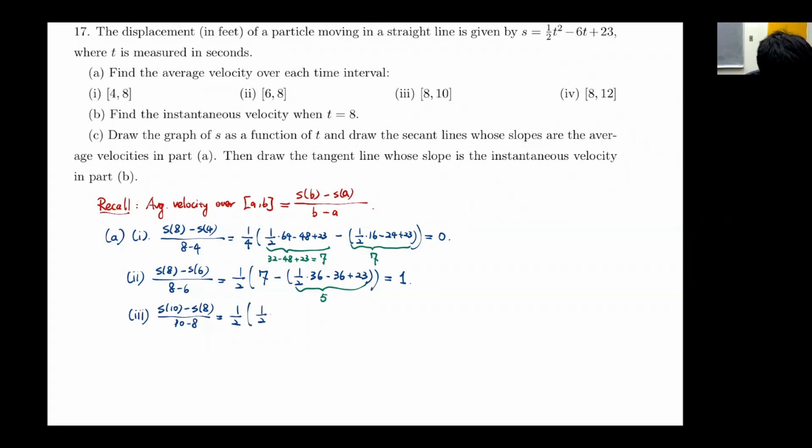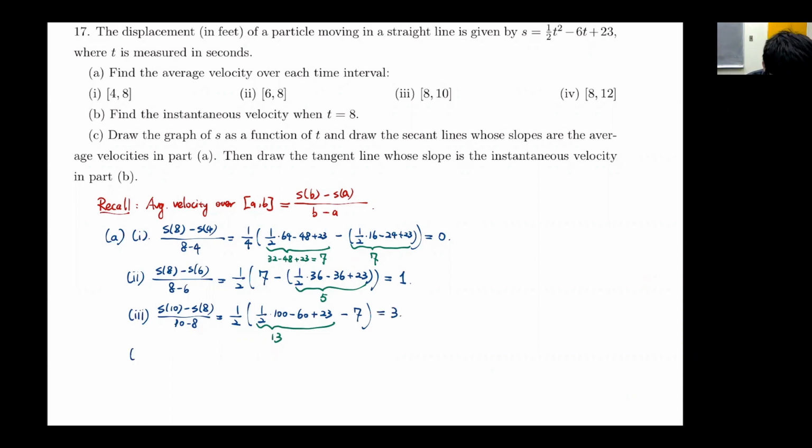That will be 1/2 times 100 minus 60 plus 23. This is equal to positive 50 minus 60, that is minus 10. So 23 minus 10 is 13. We know s(8) before was 7. So what I have is 13 minus 7 divided by 2, that is 6 divided by 2. The answer is 3.